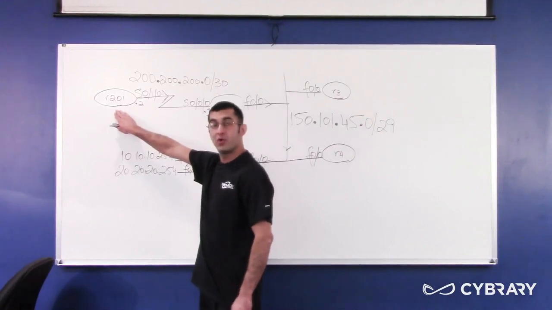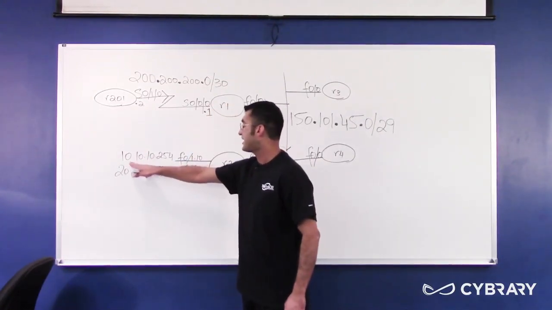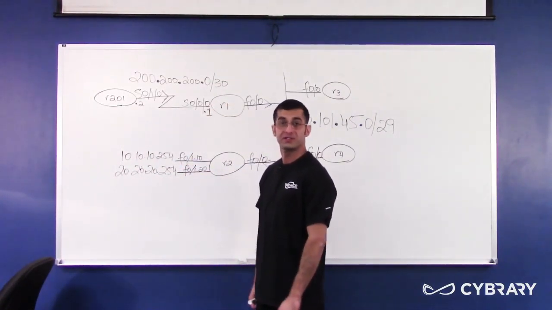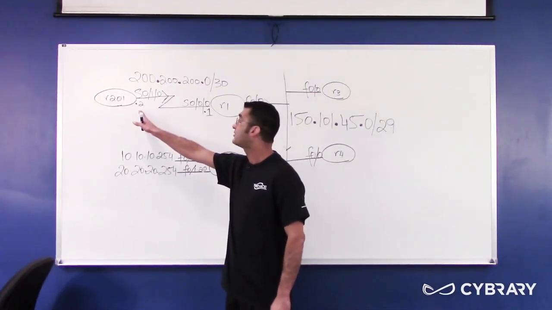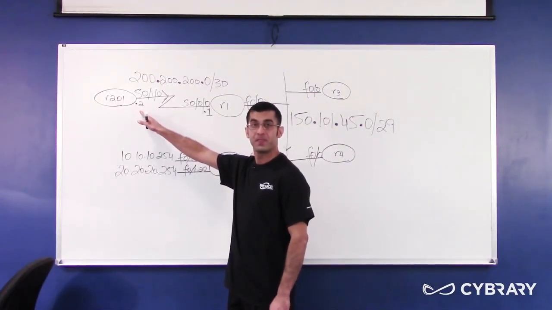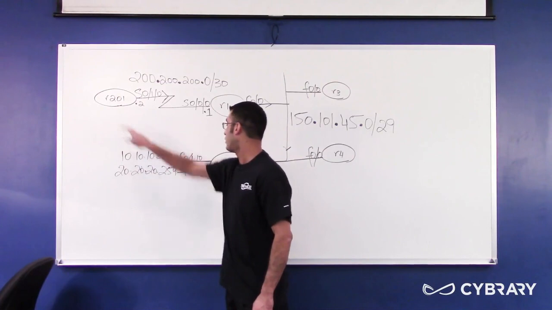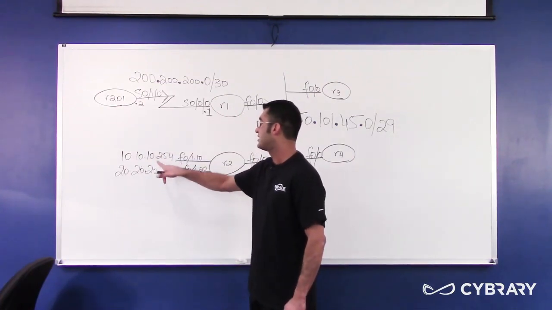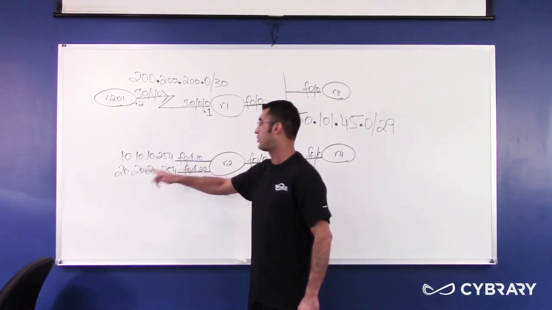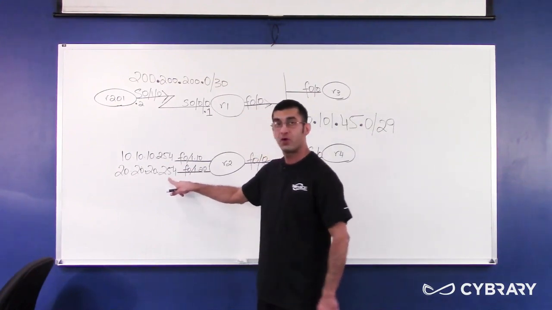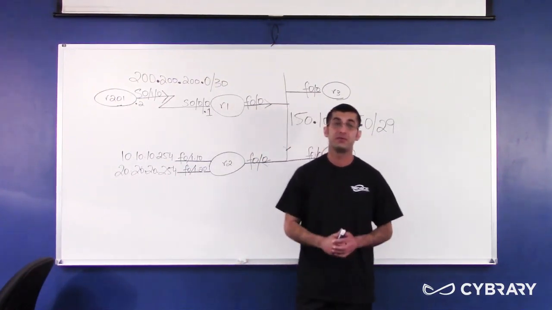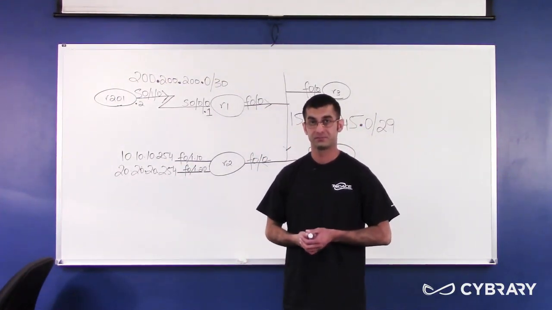So, as far as router 201 is concerned, network 10 and network 20 are remote destinations because they are not directly connected to router 201. So if we try to ping from router 201 to any one of these addresses, 10.10.10.254 or 20.20.20.254, without having routes in the routing table, it's not going to work.